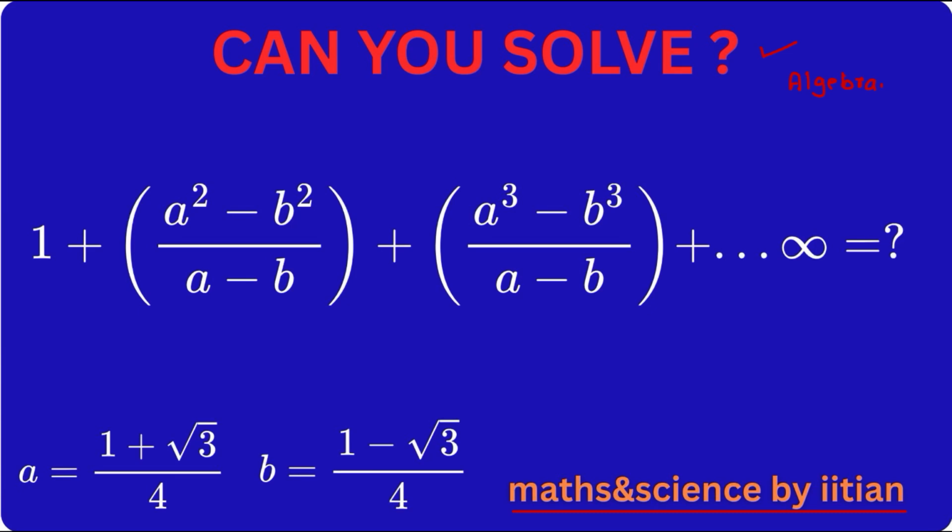This is the problem. We have to solve this problem and we will be using the parameters of geometric series, and also we will split this equation into two parts and we will apply the geometric series to find the sum of the geometric series in terms of a and b, and then we will apply the values of a and b and see whether this particular series converges to some value.